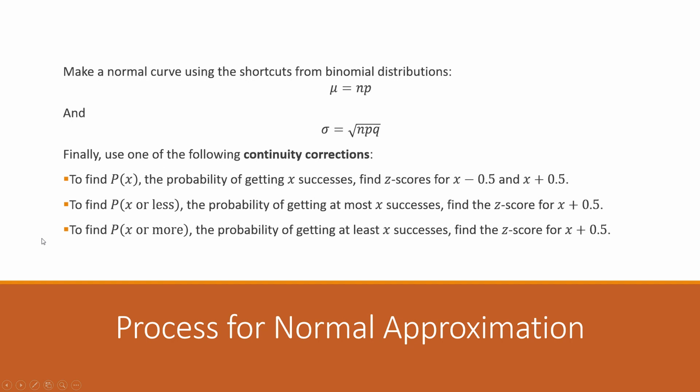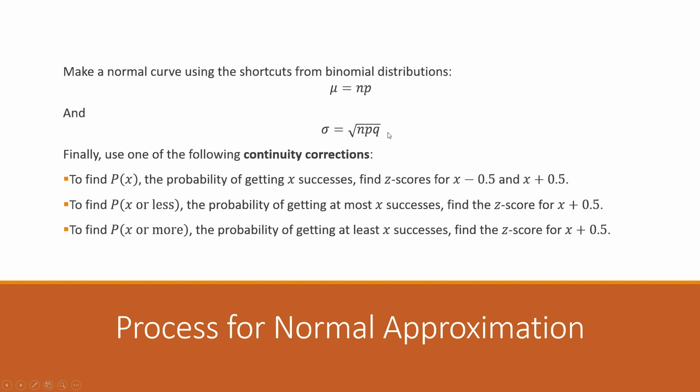But if you have stability, and if you have a proper binomial distribution, then what you're going to do is use those shortcuts that we talked about for binomial distributions. The mean is just np, and the standard deviation is the square root of npq. Again, p and q are probabilities in decimal form.